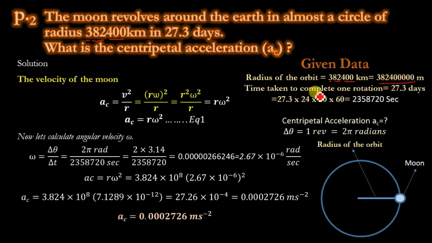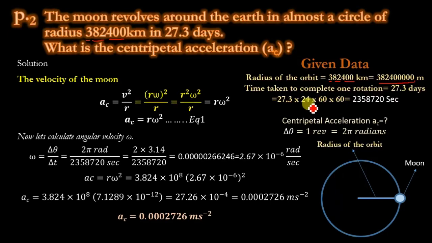Okay, the time taken to complete one revolution is given as 27.3 days. We will convert this 27.3 days into seconds. Multiplying this 27.3 by 24, we will get hours. There are 24 hours in one day and 60 minutes in 1 hour and 60 seconds in 1 minute.